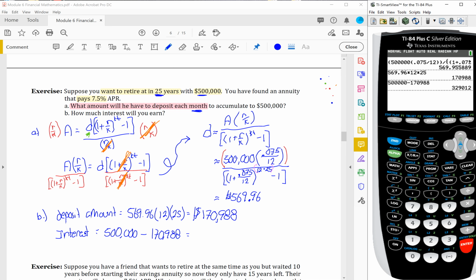Which comes to $329,012 of interest that you get to claim.